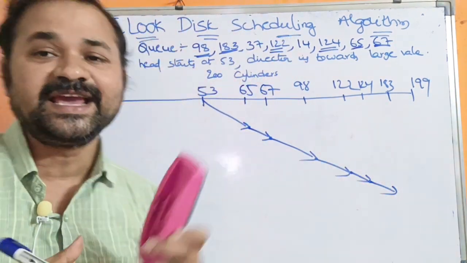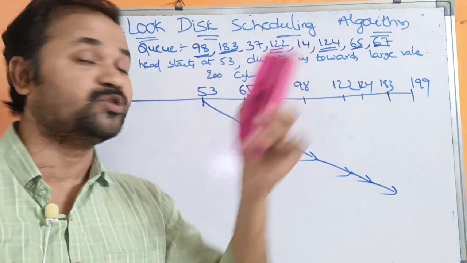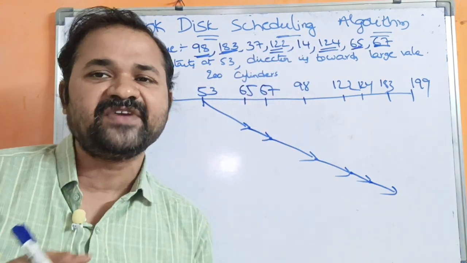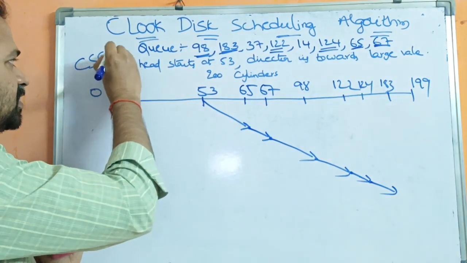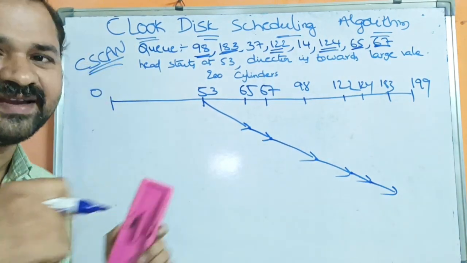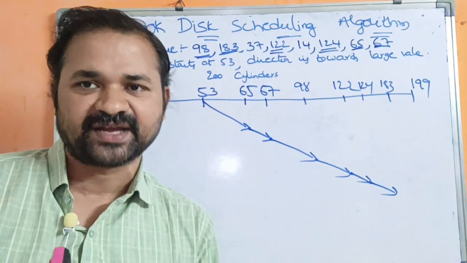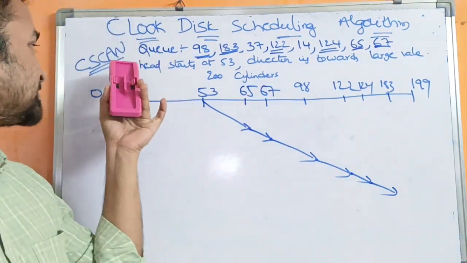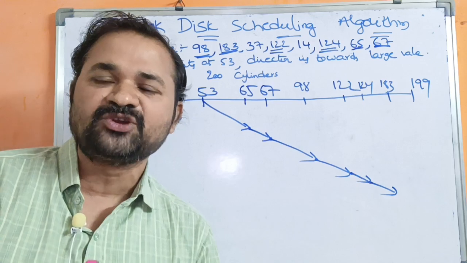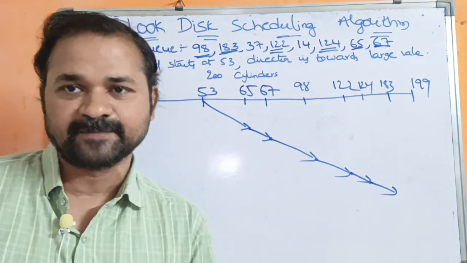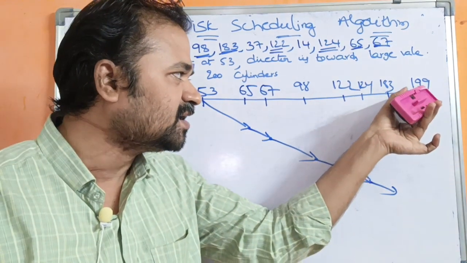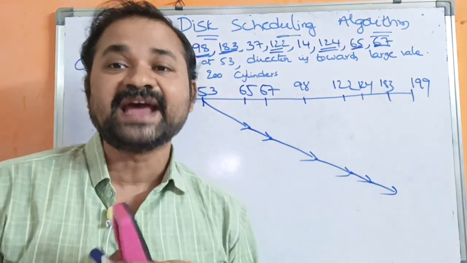The CLOOK disk scheduling algorithm is a slight variation of the C-scan disk scheduling algorithm. We know about C-scan, where C stands for circular scan. In the C-scan scheduling algorithm, the entire width will be covered. So what is the final cylinder here? 199.